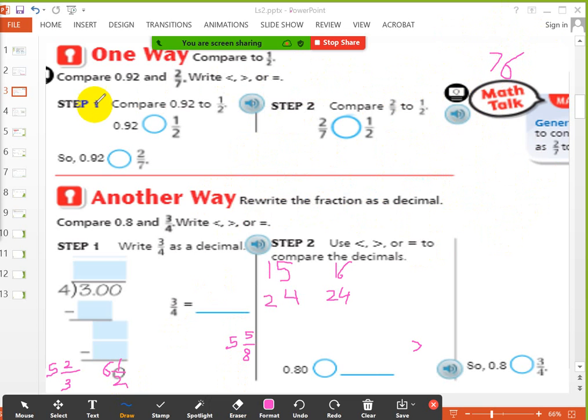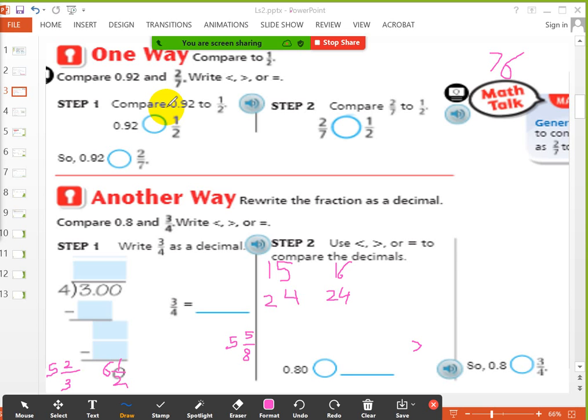I want to compare 0.92 hundredths and 2 over 7. You know that if I want to compare a decimal number and a fraction, I have to make the numbers with the same form.